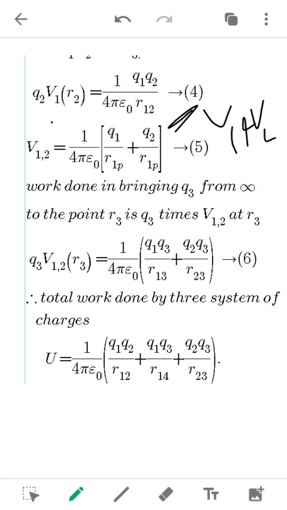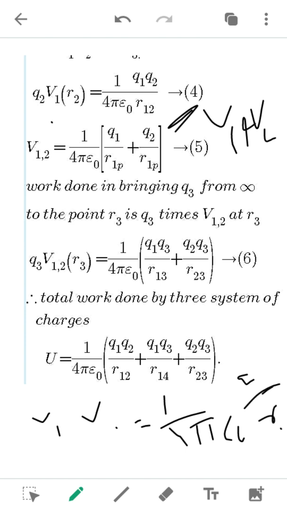For V1 we got equation 1, and for V2 it will be 1 upon 4 pi epsilon naught Q2 by R2P, from this point P. I will correct here, it is R2P.